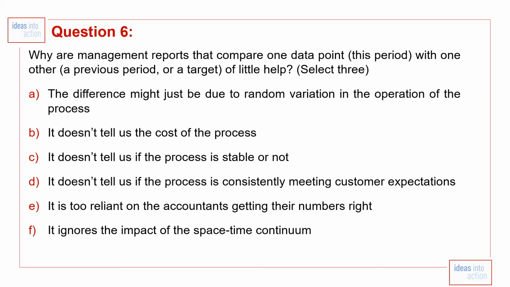C, it doesn't tell us if the process is stable or not? D, it doesn't tell us if the process is consistently meeting customer expectations? E, it's too reliant on the accountants getting their numbers right? Or F, it ignores the impact of the space-time continuum? So which 3 are the correct 3 there?